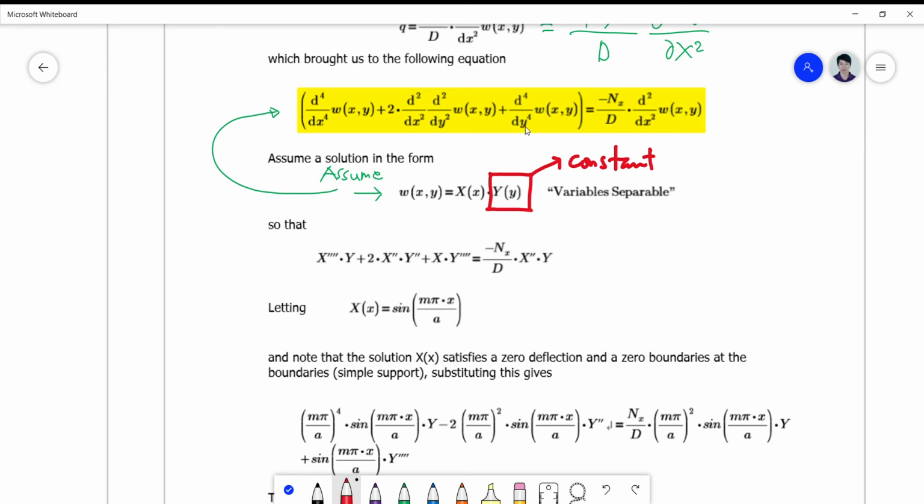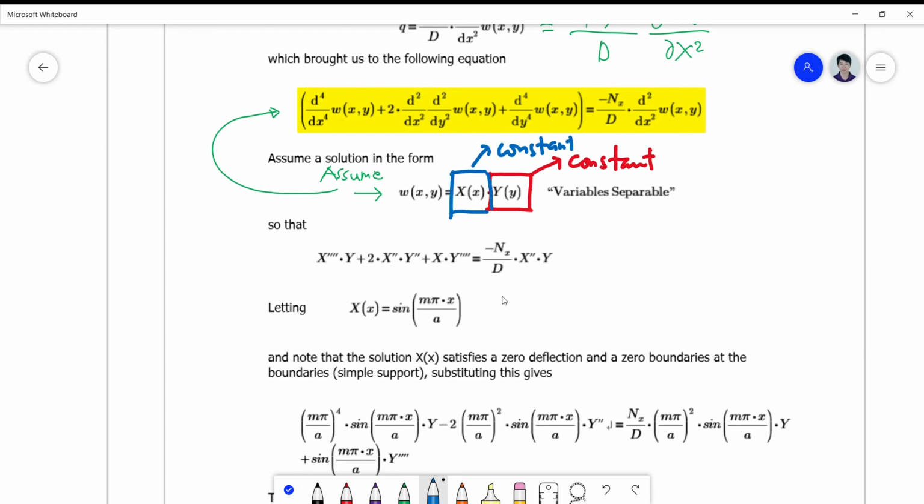We take the fourth derivative of this assumed solution with respect to y, taking x to be constant. So we get x y quadruple prime is equal to a real constant minus nx over d, the second derivative with respect to x, so x double prime y.